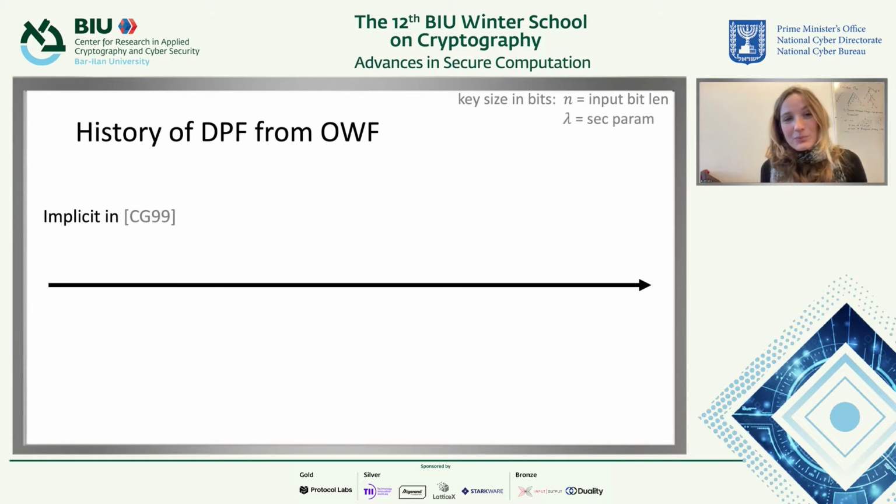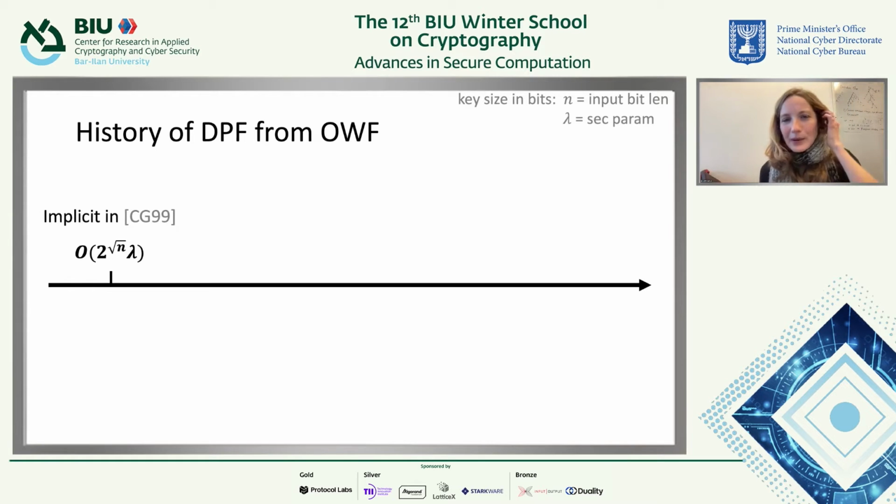There's an implicit construction in Scholl-Gilboa, where they were doing two-server private information retrieval from computational assumptions. And if you actually go and open the box there, what you get is something that does satisfy the properties of a DPF, but with relatively large share size.